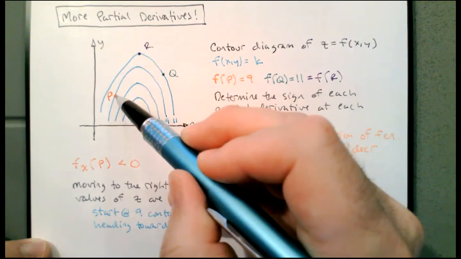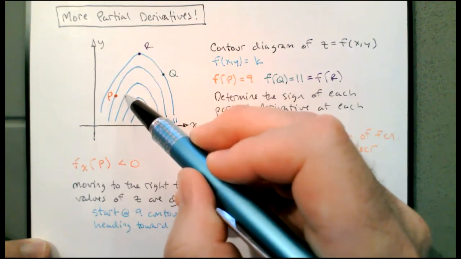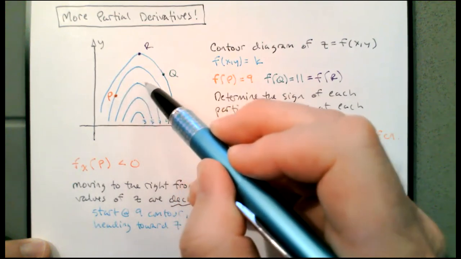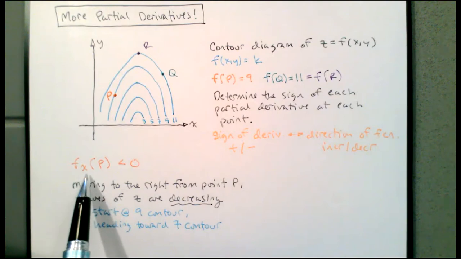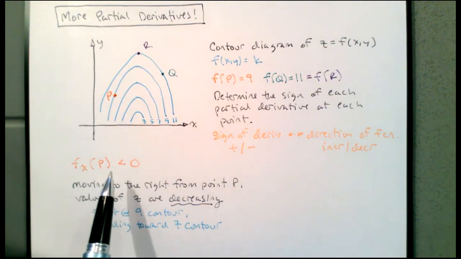So here we are at P on the 9 contour. If we move to the right in the positive x direction, we end up at the 7 contour. So it looks like z is decreasing in the x direction. So the partial derivative with respect to x at the point P is negative.